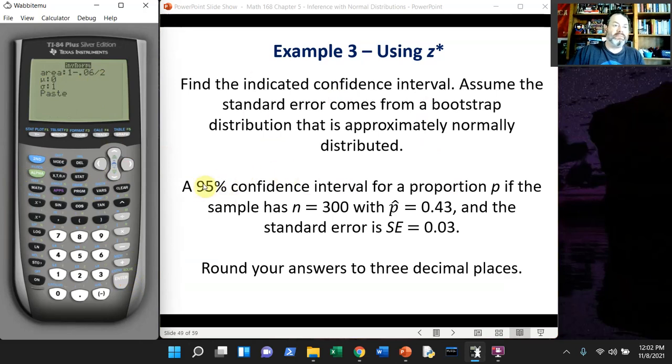So I'm just going to put 0.05 here, and then I'm just going to leave it. The calculator does the rest. And it shouldn't be a surprise that we get 1.960. This was actually from one of the earlier problems that we did.